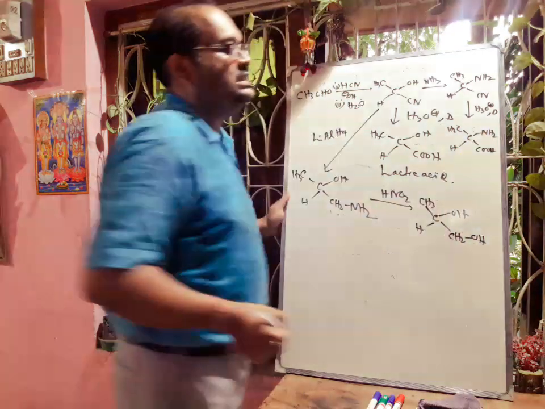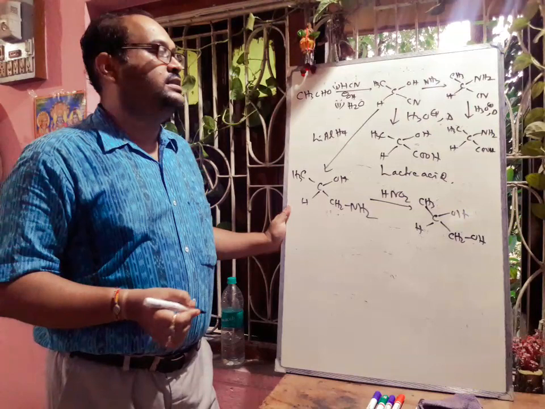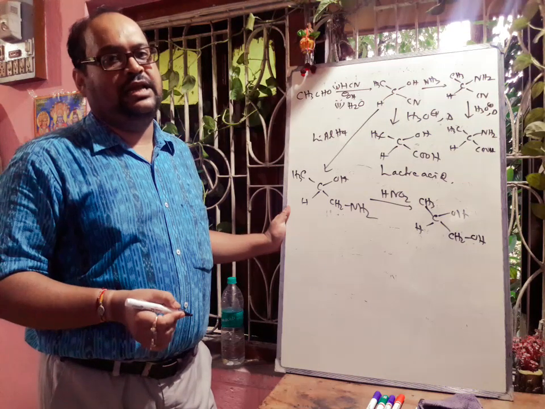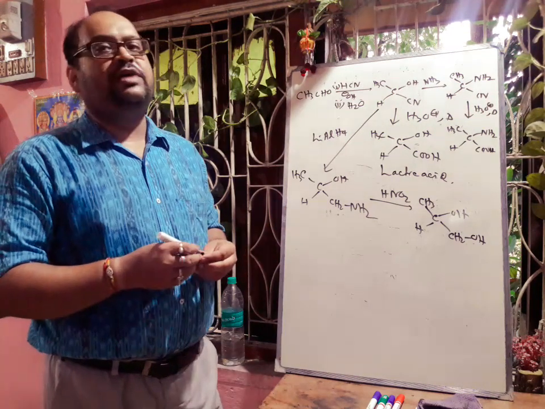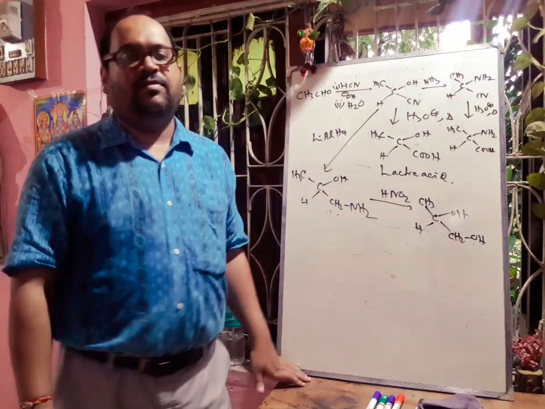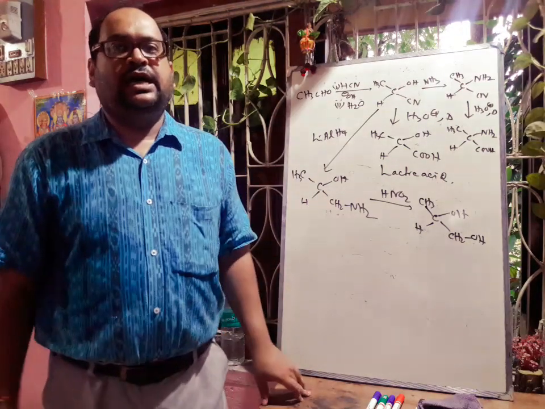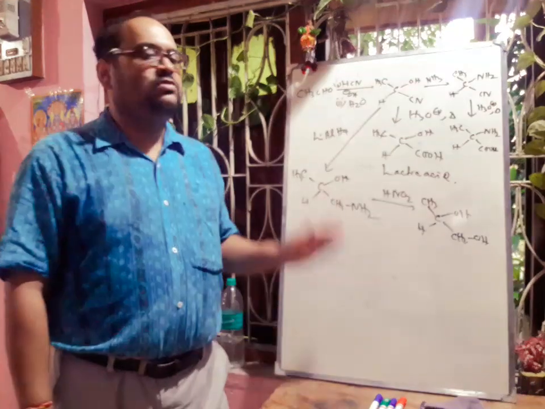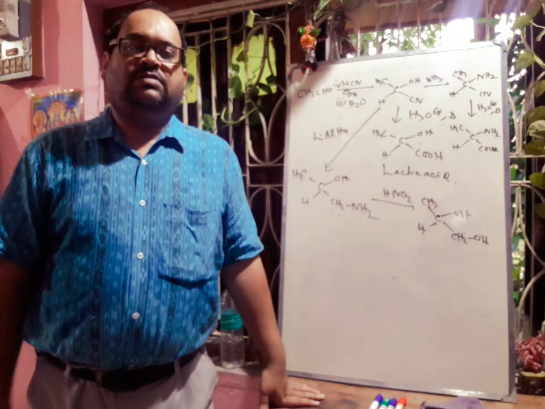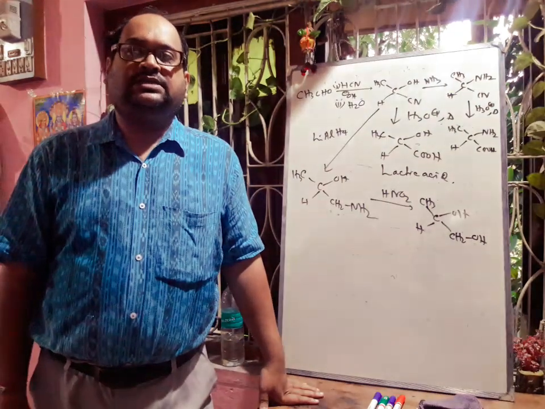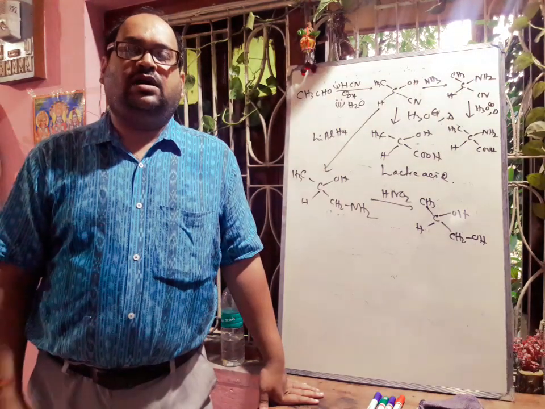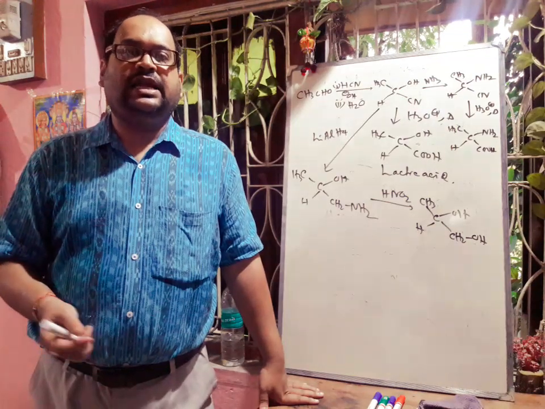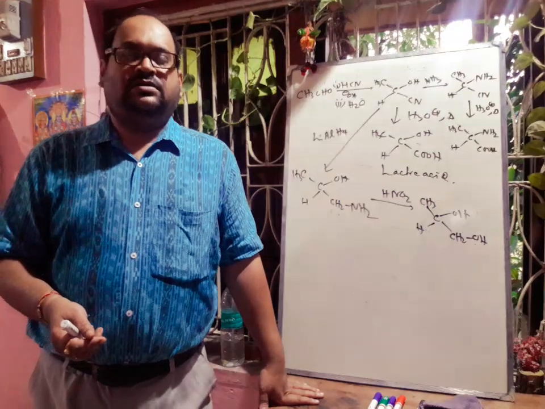Both amine and acid are present, and this amino acid is called alanine. So in this way we can prepare different types of compounds. That is why this cyanohydrin formation is so important. So today up to this. Next day we will discuss more reactions, that is the addition of sodium bisulfite and Grignard reagent. Okay, thank you.